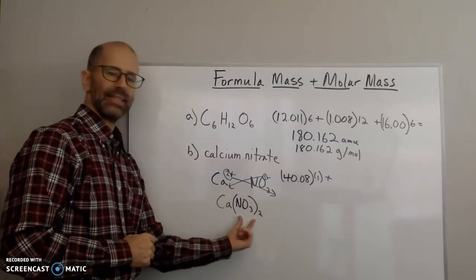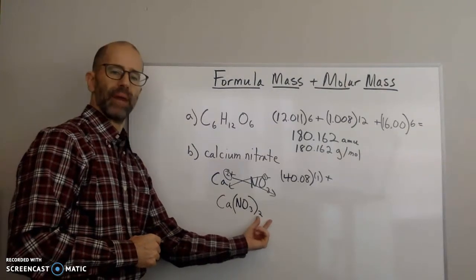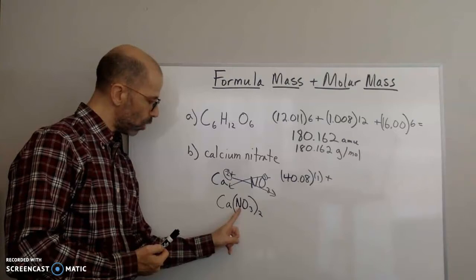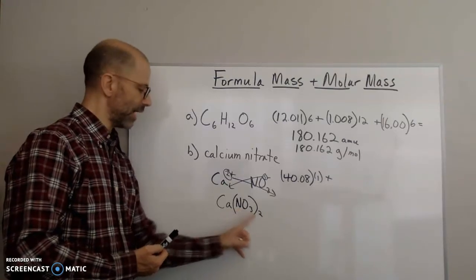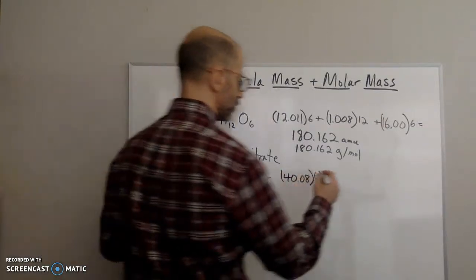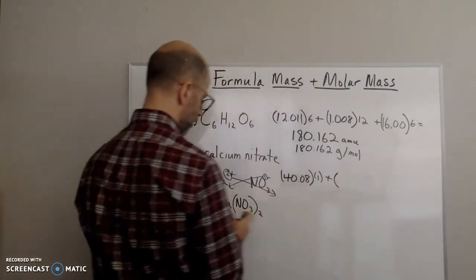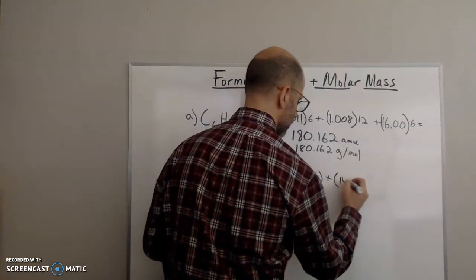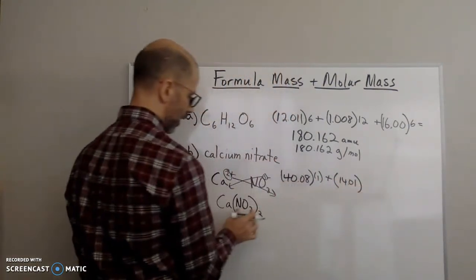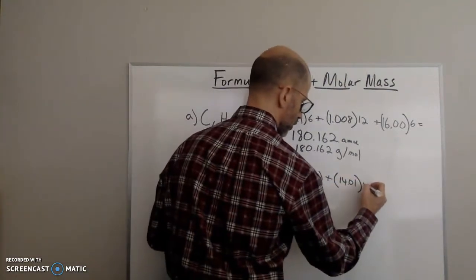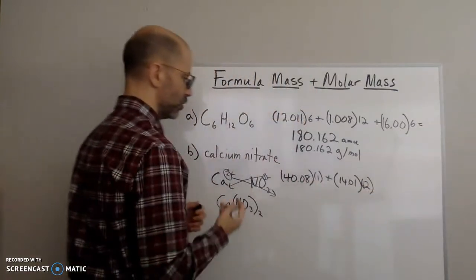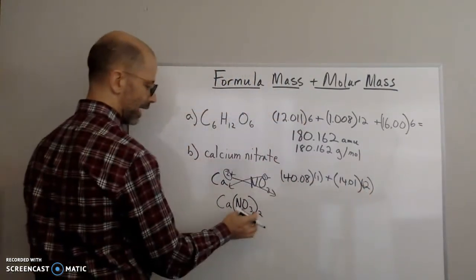So whatever is inside the parentheses, I need to multiply that by 2 to get the total number of that element. So since I only have 1 nitrogen inside, 1 times 2 gives me 2. So nitrogen has an atomic mass of 14.01, something like that. And then I'm going to multiply that by 2.